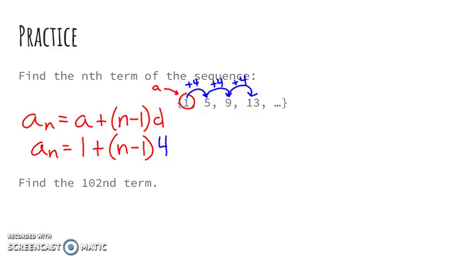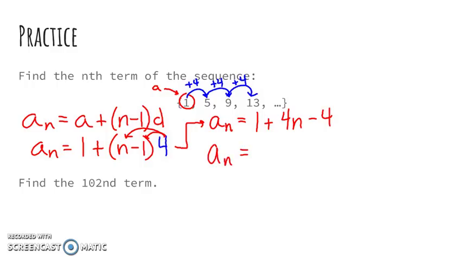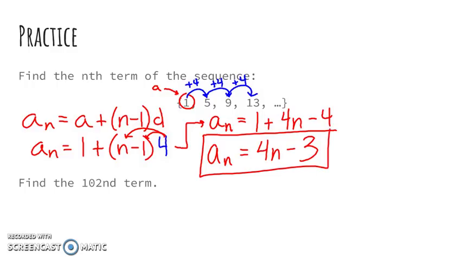And it looks a little weird, but this 4 in the back, I still distribute that in. That's still an n minus 1 times 4. I could change the order if I want to, but I'm still going to distribute that in. So I'm going to have a sub n equals 1 plus 4n minus 4. And then I'm going to combine like terms, and I get a sub n equals 4n minus 3. And that is my nth term formula.